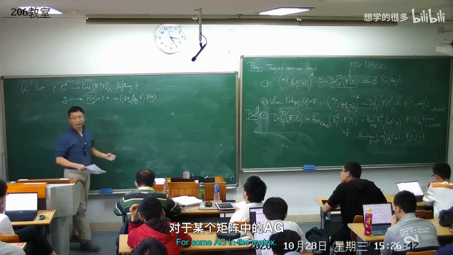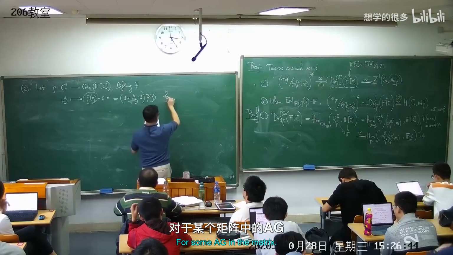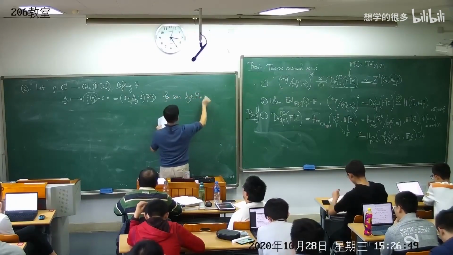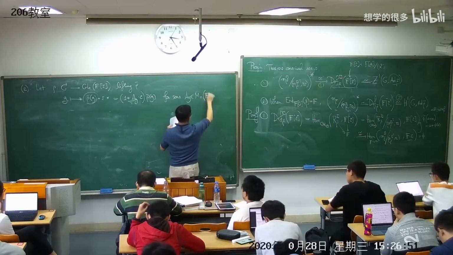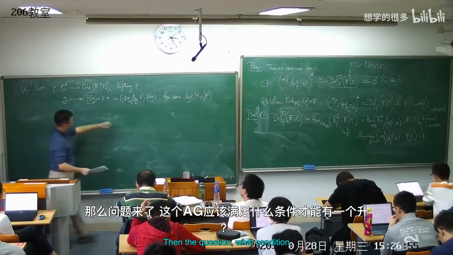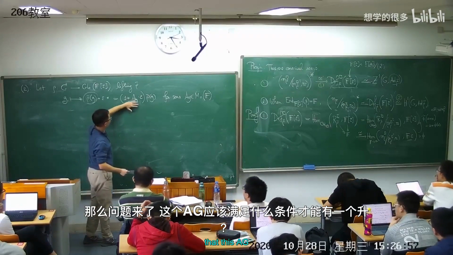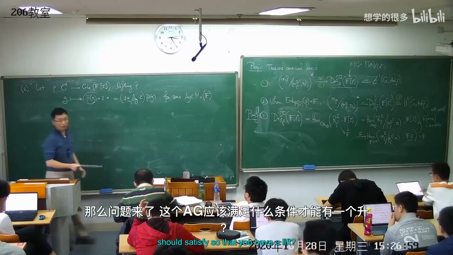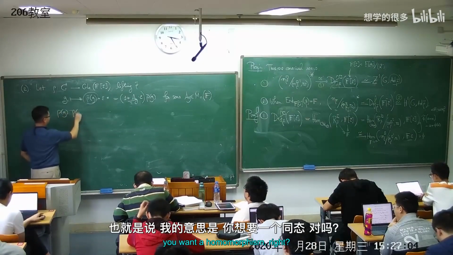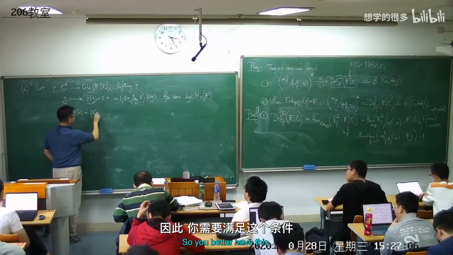For some AG in the matrix. Then the question: what condition should this AG satisfy so that you have a lift? Namely, you want a homomorphism, so you better have this.